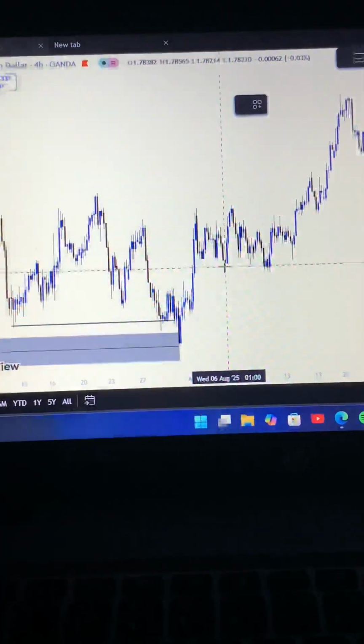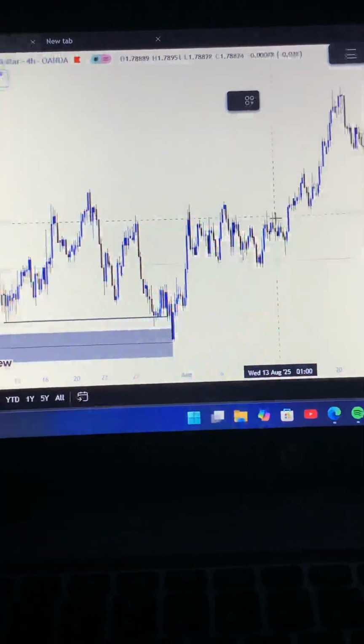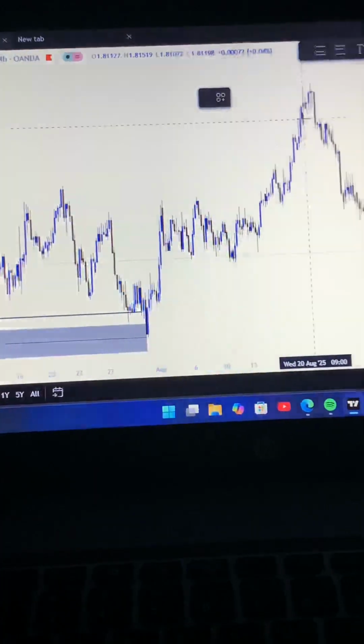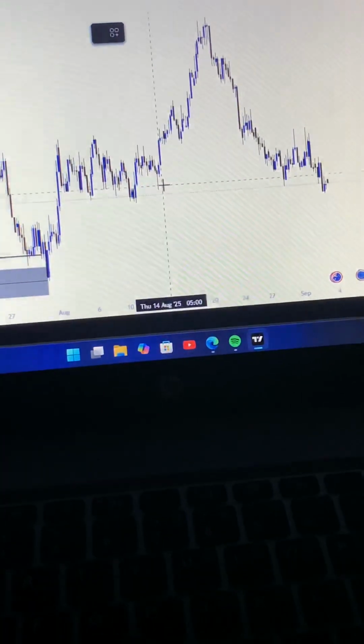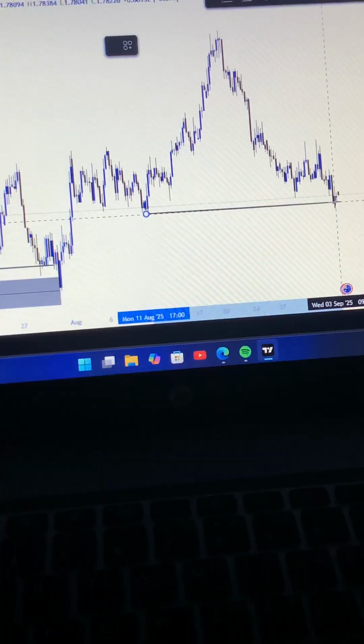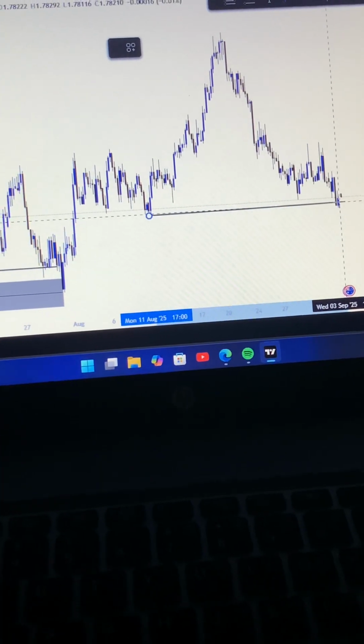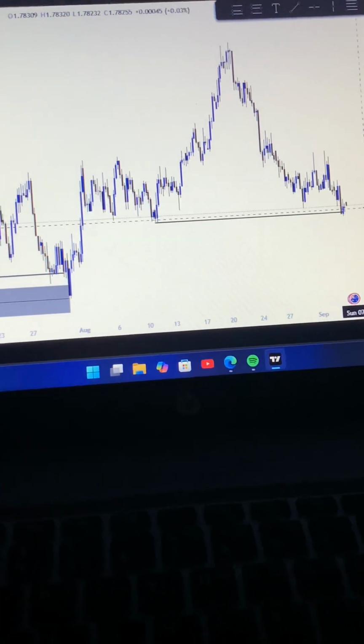Liquidity was created here. Price took it out, went up again, came down, pushed up again, and then came hoping to take this other block in, but it served as inducement and liquidity. You get? So now we have enough liquidity for our trade.